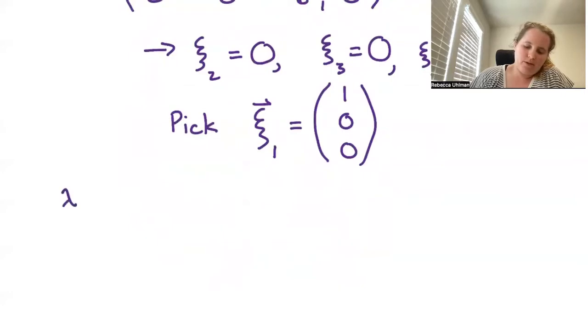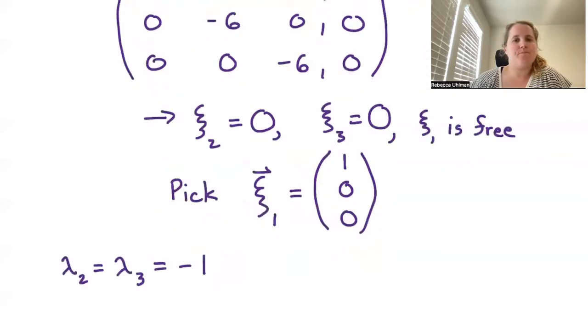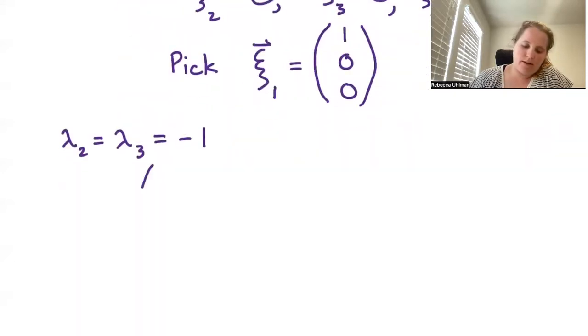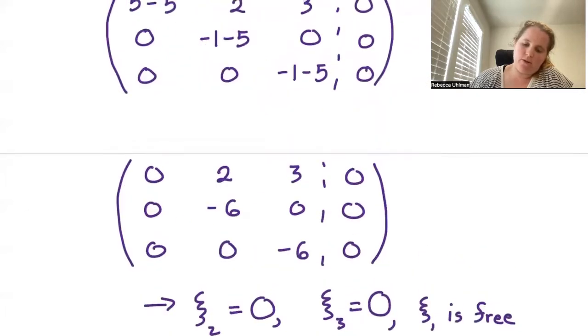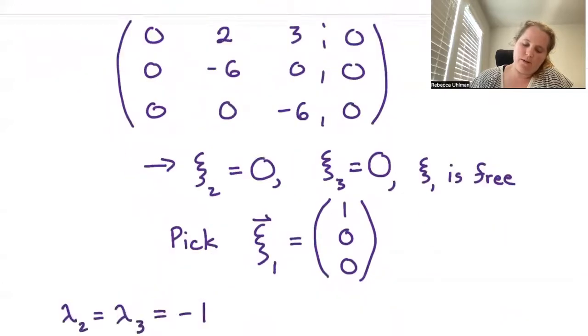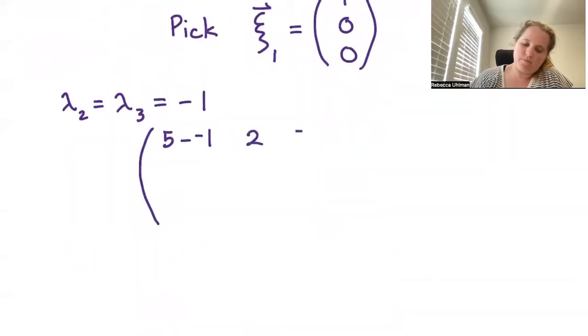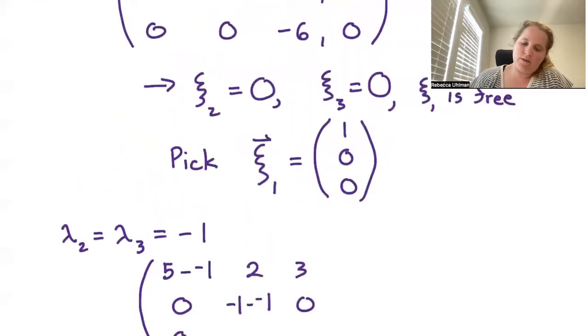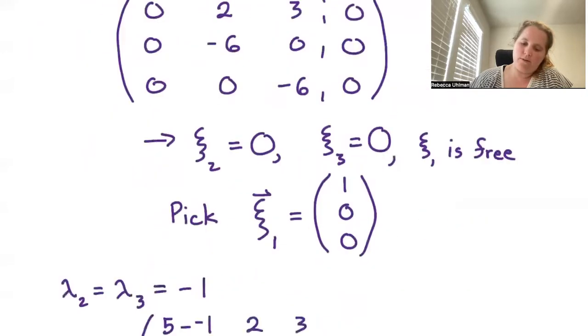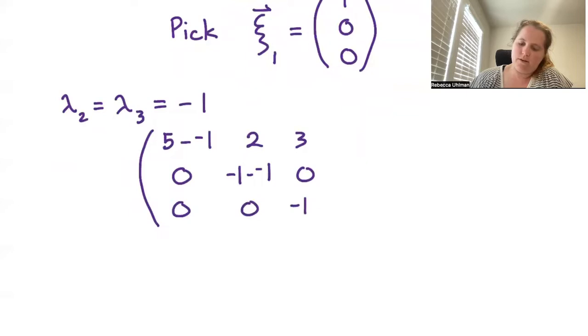For lambda 2 equaling lambda 3 equaling -1, we are looking at 5 minus -1 followed by 2, 3. Then we have 0, -1 minus -1, 0, and 0, 0, -1 minus -1, and then our augmentation is just the 0 vector.